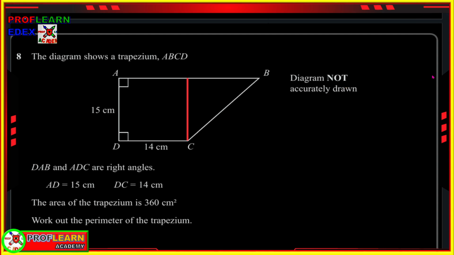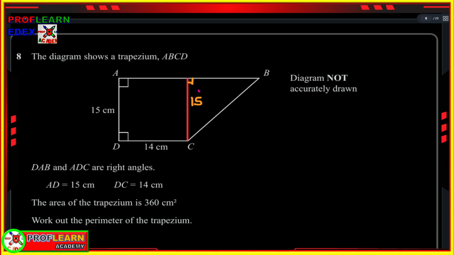Yeah, so can you work out the perimeter of the trapezium that we are having here? The strategy we are going to use is by understanding that this is 15 and this is a right angle at that point.